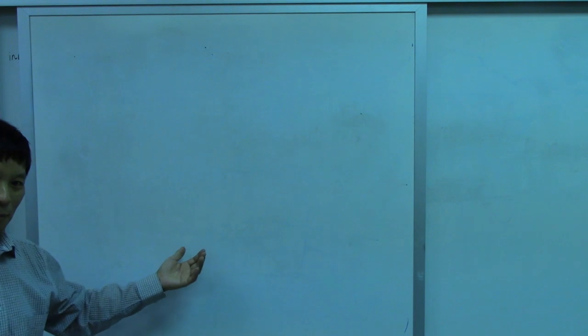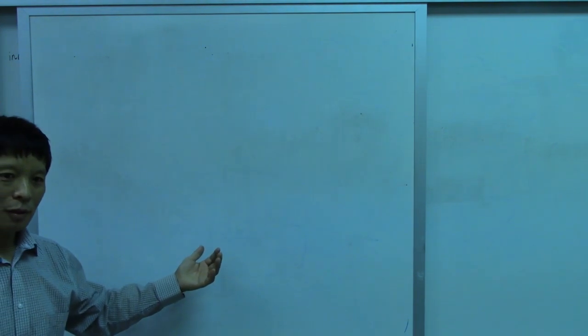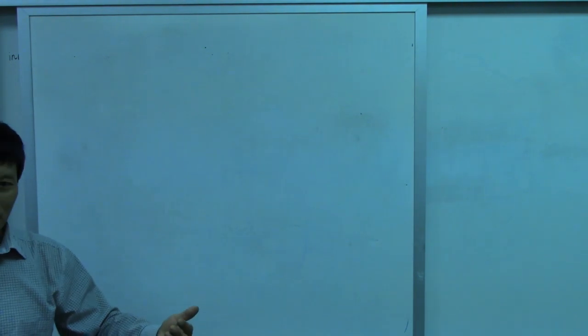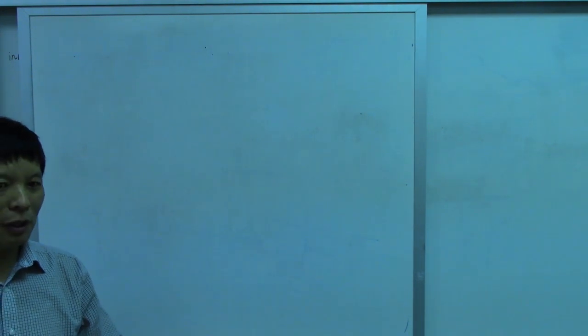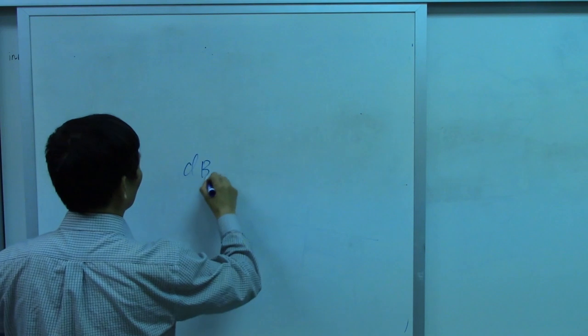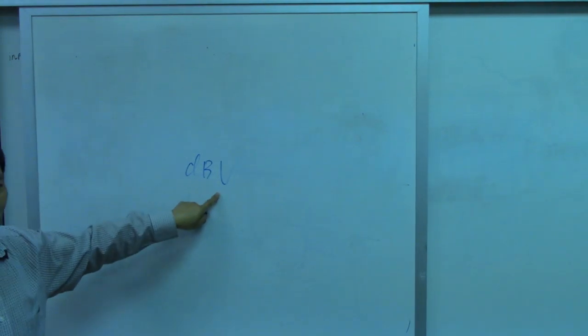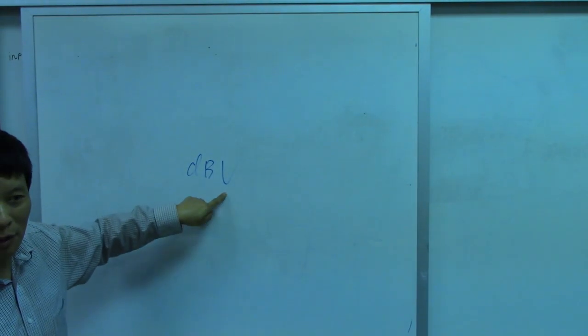Divided by 2 in terms of power means minus 3 in dB. Multiplied by 2 means plus 3. How about if we are talking about the voltage? Suppose you have a voltage divider, and your voltage is divided by 2. What does that mean in dB? We use the same idea, dBV, dB volt. That means how many dBs compared to 1 volt.